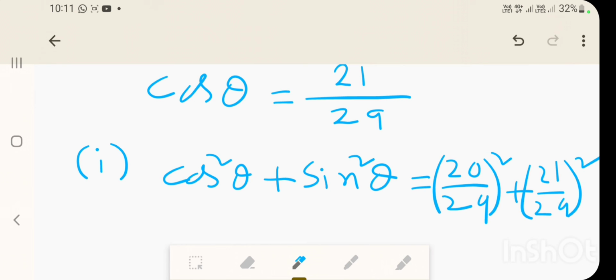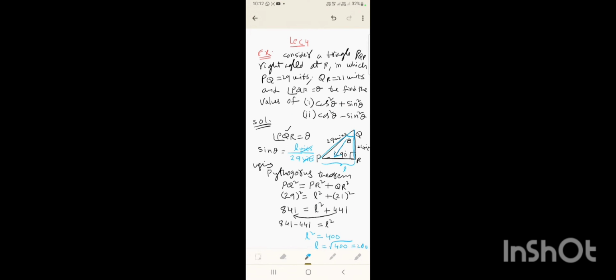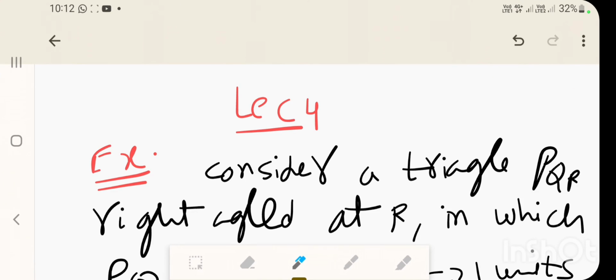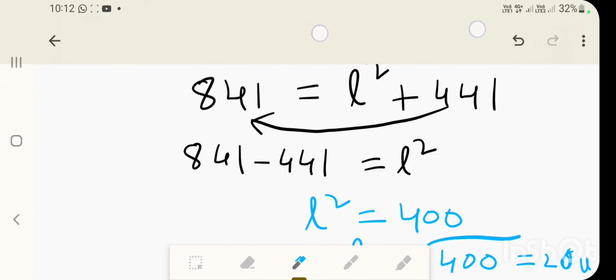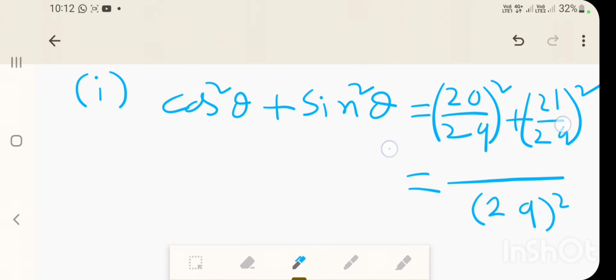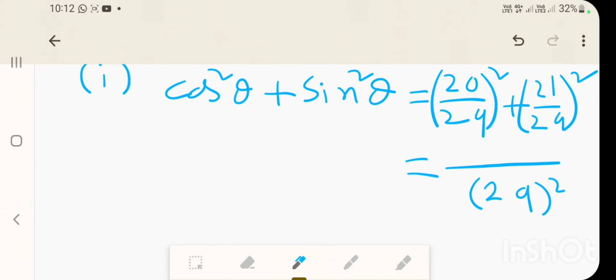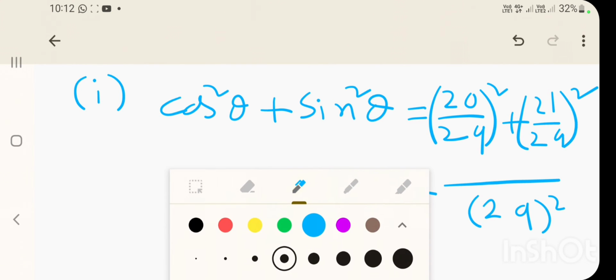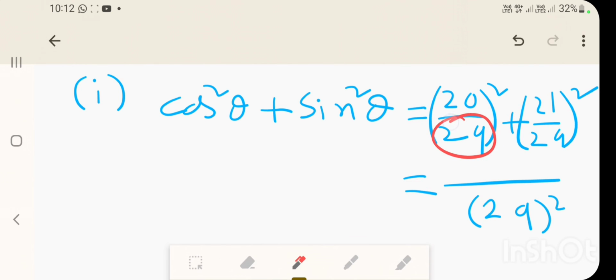This is what we get, and we can take the LCM here. The LCM is 841, which is 29 square, because in both the terms the denominator is 29 square.